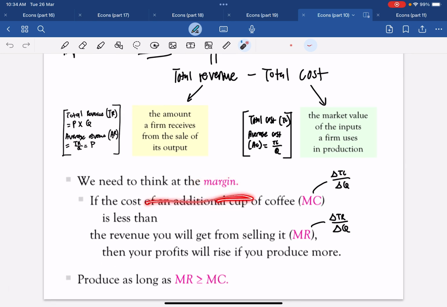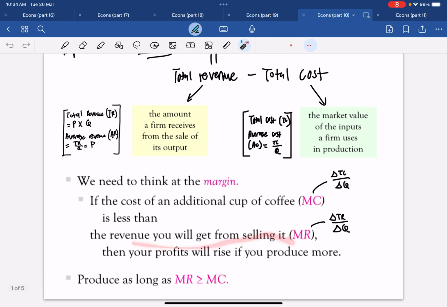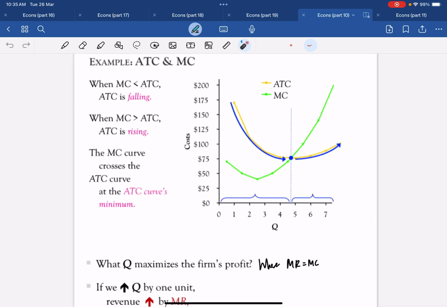If the cost of an additional cup of coffee is less than the revenue you get from selling it, then your profits will rise because the revenue outweighs the cost, so you produce more. MR is the change in total revenue over the change in quantity, and MC is the change in total cost over the change in quantity. So you'll continue to produce as long as your MR is larger than or equal to your MC.